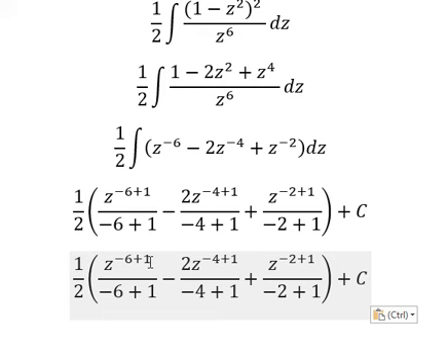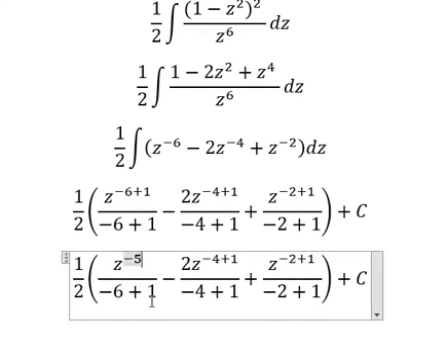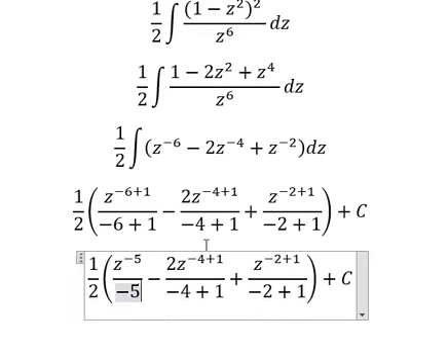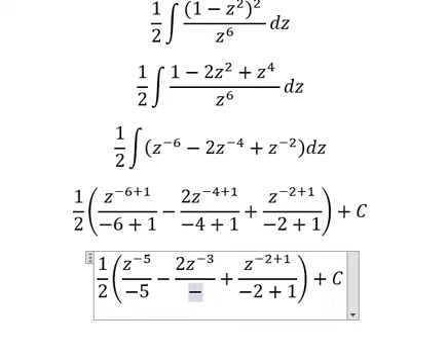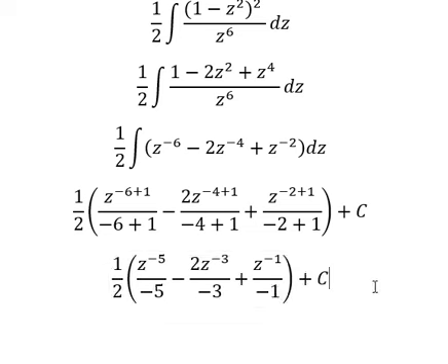So this one you get negative 5. This one negative 3. This one negative 1.